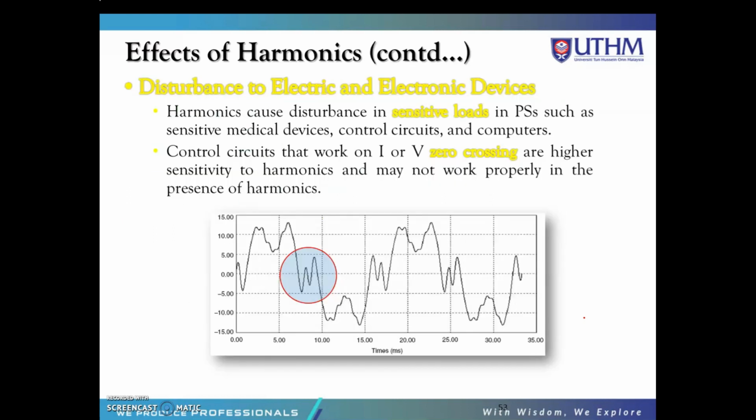The first one is disturbance to electric and electronic devices. Harmonics can cause disturbance in sensitive loads in power systems, such as sensitive medical devices, control circuits, and computers. Control circuits that work on current and/or voltage zero crossing are highly sensitive to harmonics and may not work properly in the presence of harmonics.